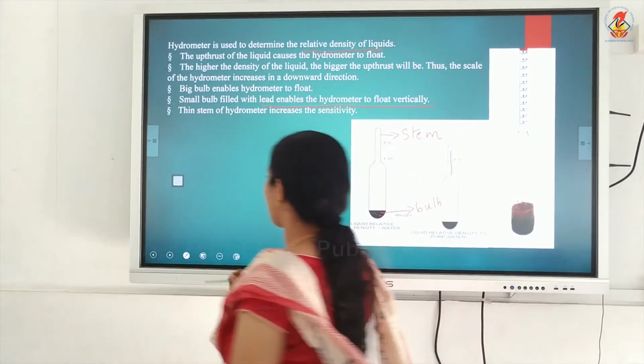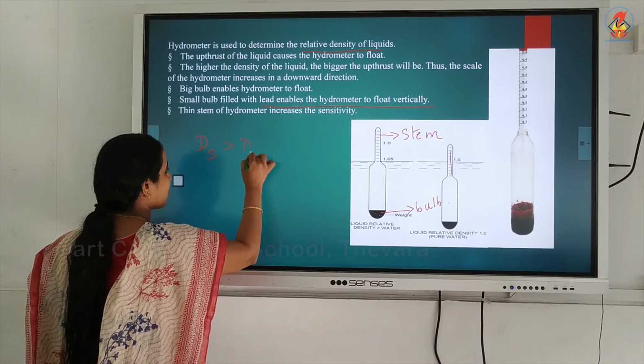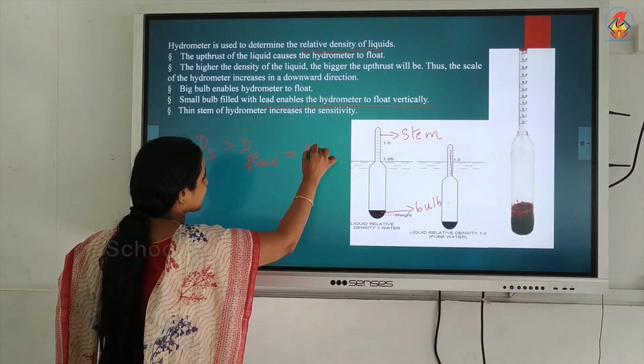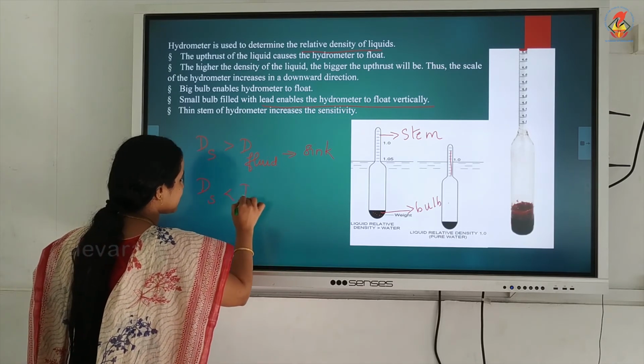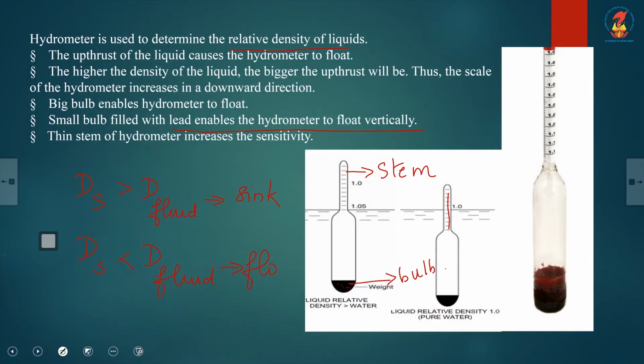As we have already mentioned earlier, if the density of a substance is greater than the density of the fluid, the substance will sink, and if the density of the substance is less than the density of the fluid, the substance will float. So our hydrometer will be immersed into the liquid.